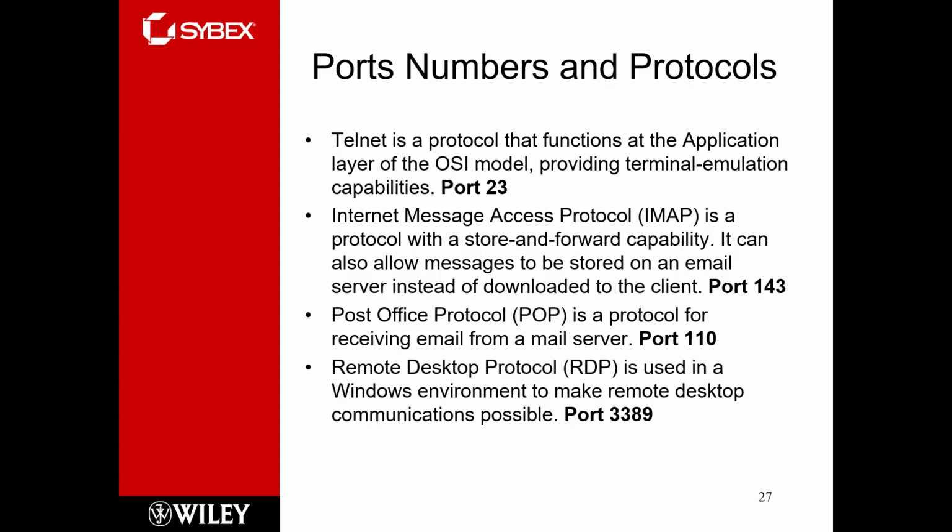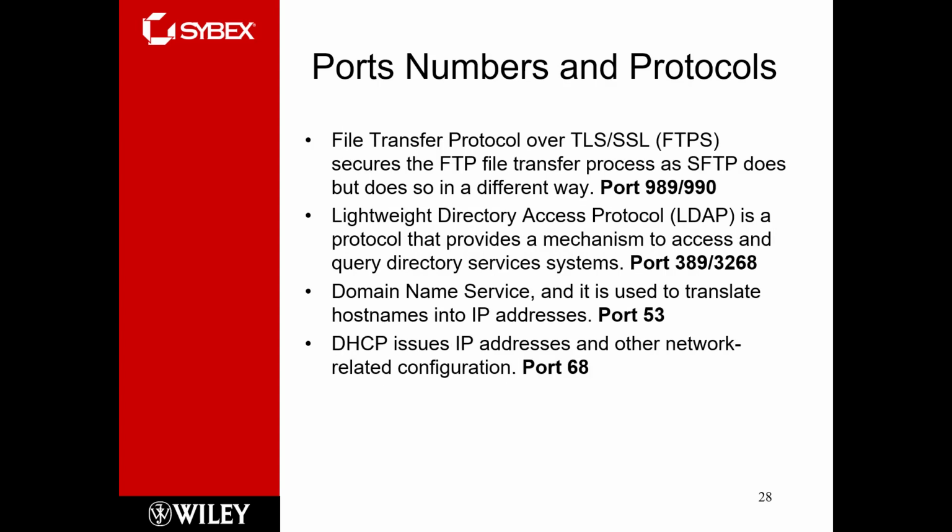Sally is trying to remotely connect to a Windows machine. She uses port 355. What's wrong? Well, the default port is 3389, so they expect you to at least know that port number. Other things are like the TLS SSL based FTP that might be using port 989 or 990.